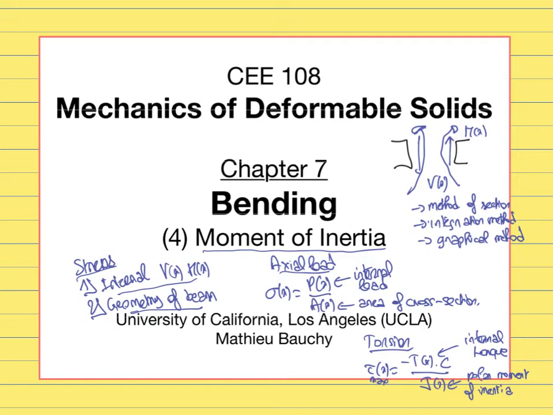So if you have a given beam like this that is subjected, for example, to some moments like this, the geometrical quantity that matters will be for the cross-section, which is this section here. For the cross-section, what is the moment of inertia I of this cross-section?